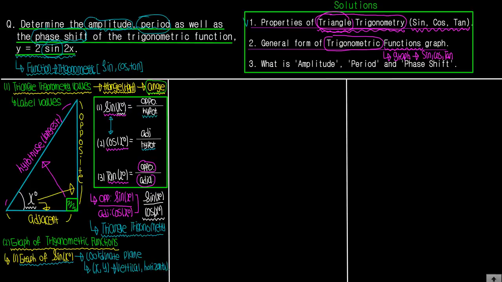So let's graph the general graph of sine of x degrees. This is our coordinate plane. There will obviously be the x and y coordinates, and our y value will be y equals sine of x degrees.